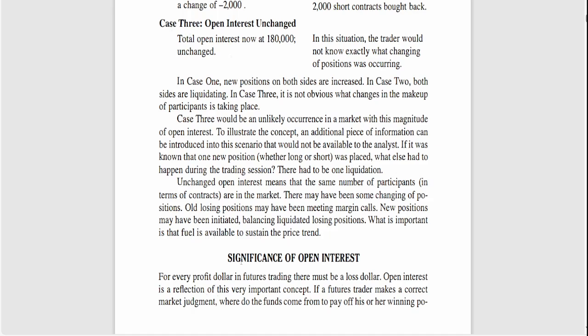Significance of open interest: for every profit dollar in futures trading, there must be a loss dollar, because it is a zero sum game. Open interest is a reflection of this very important concept.